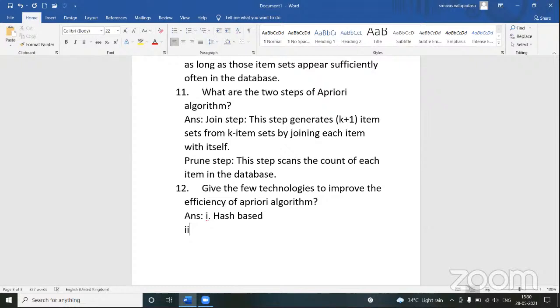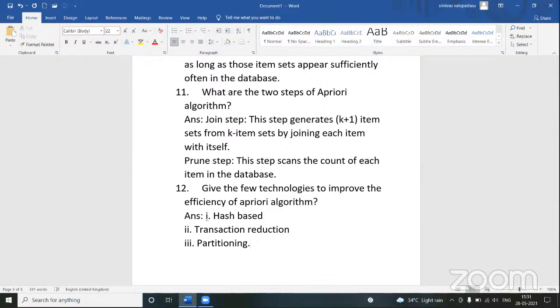The second one is transaction reduction, and the last one is partitioning. These are the technologies that improve the efficiency.